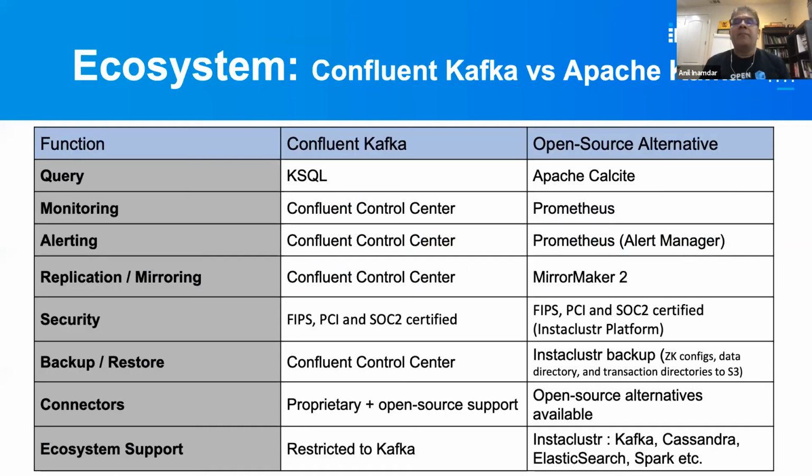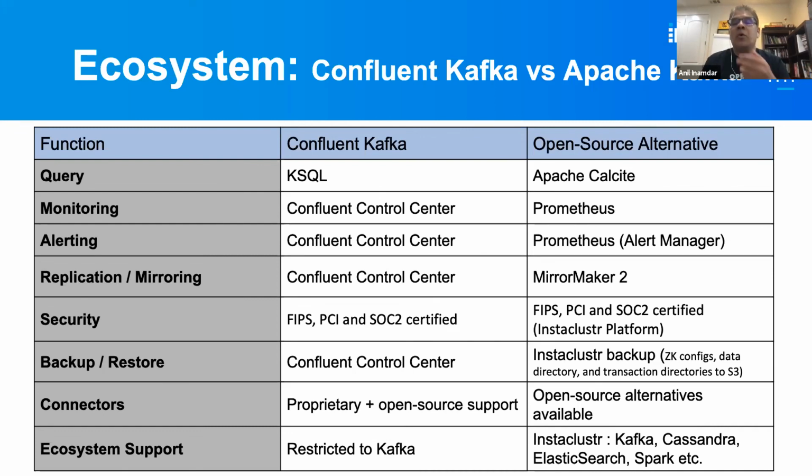As you can see from the table, on the left-hand side, we have Confluent Kafka and all the features that it provides. And on the right-hand side, I have open source alternatives. If you notice, for each of the proprietary features, there is an equivalent open source alternative available. For example, for replication and mirroring, we have MirrorMaker 2.